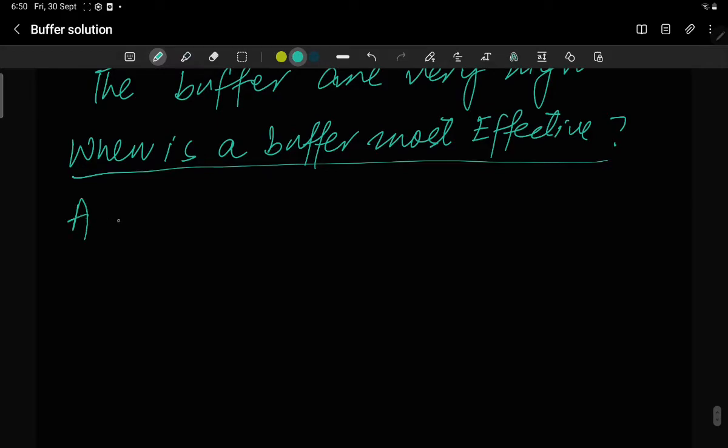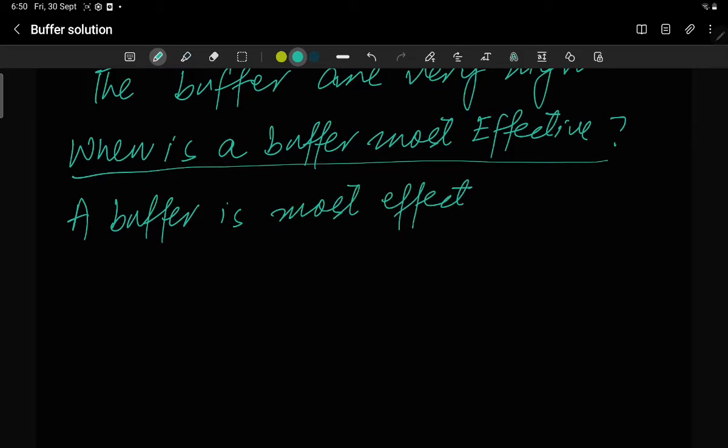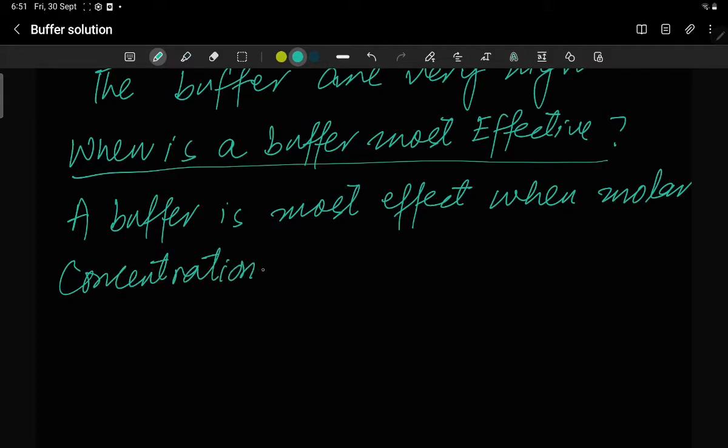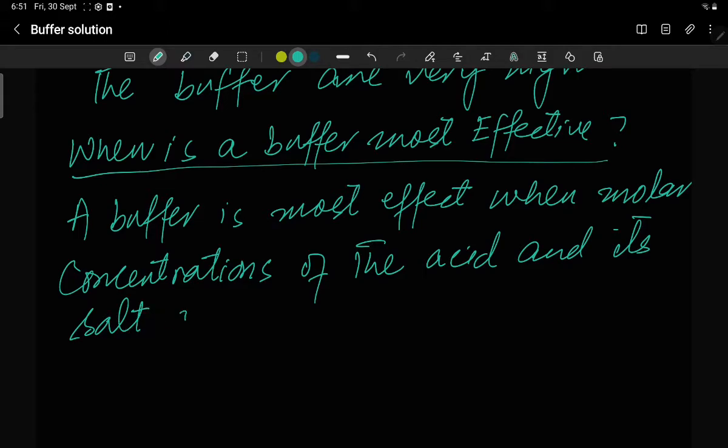A buffer is most effective when the molar concentrations of this acid and its salt are approximately equal.